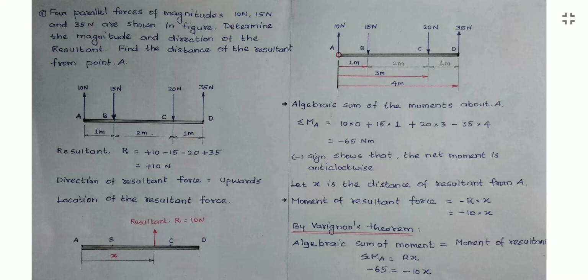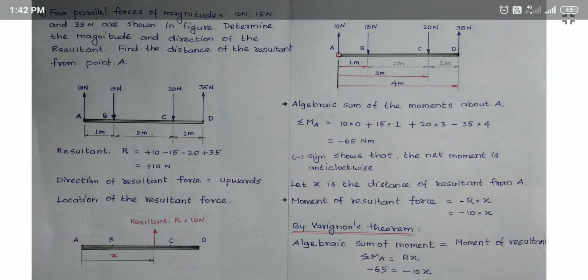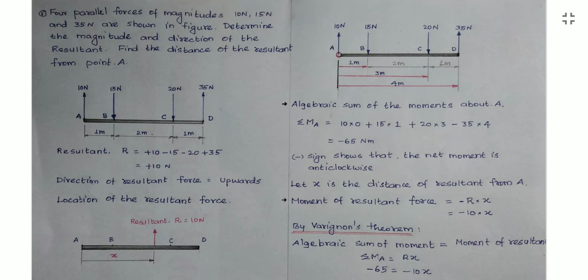So we need to find the rotation about A, right? We need to find sigma. Sigma stands for summing, adding all the moments about A. Here the moment will be caused by the forces only. We have four forces, so we have four moments.